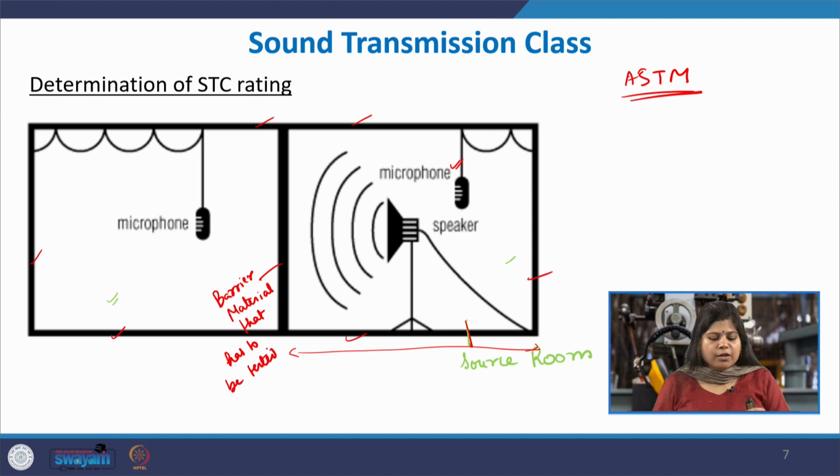Then you have a microphone here to measure the sound intensity level, and you have the sound intensity level here before the material, and based on the two measurements you can find out the transmission loss due to this particular partition.